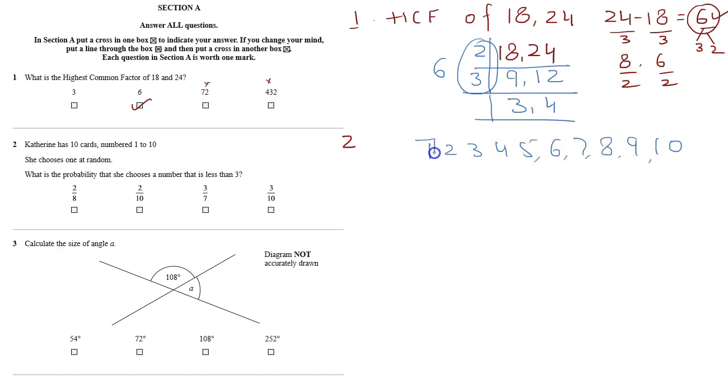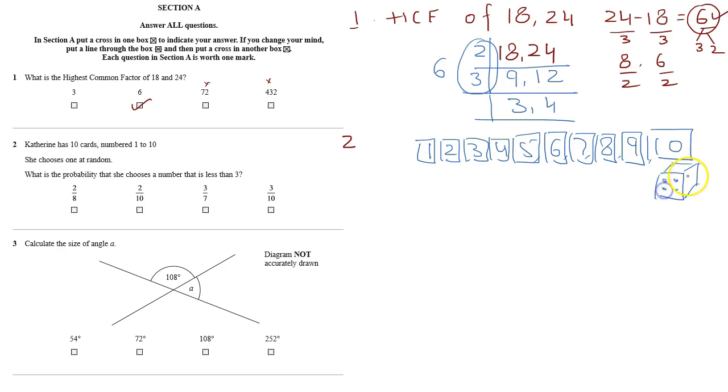The value of each card is the same. Don't think 10 is a greater number, so the value of this card is 10 times the value of this. In probability, it hardly matters what is written on the top of the card or on a dice.